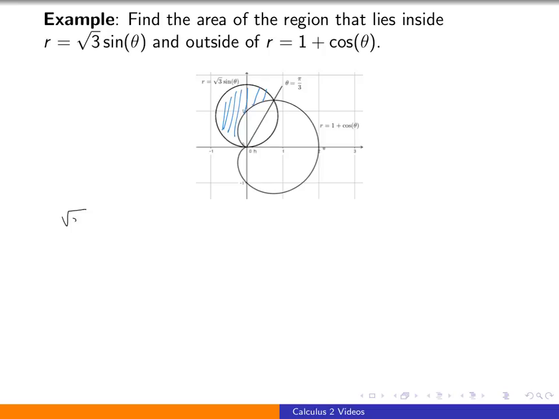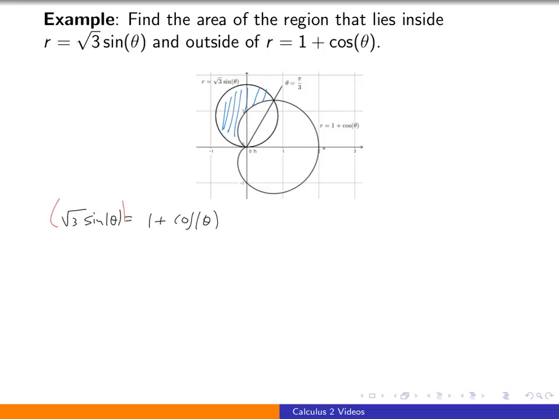That would be, where does root 3 sine of theta equal 1 plus cosine of theta? And this is a common problem encountered in, say, a pre-calculus or trig course. And when you're dealing with something like this, with sines and cosines present, a nice way to work with it is to square both sides so that you can hopefully write in terms of one of the trig functions.